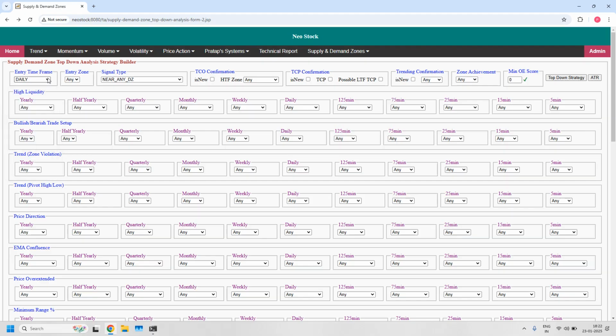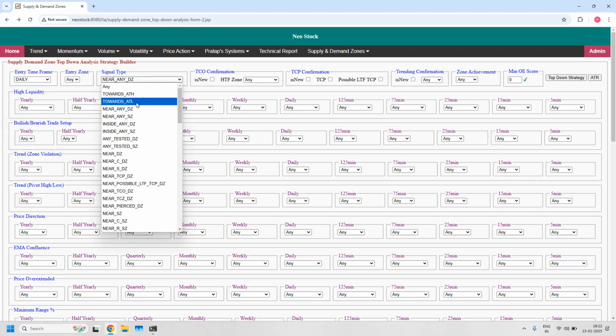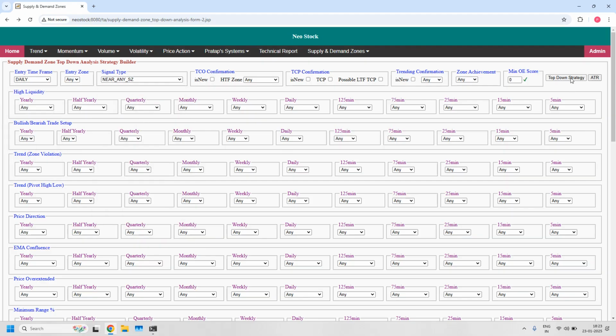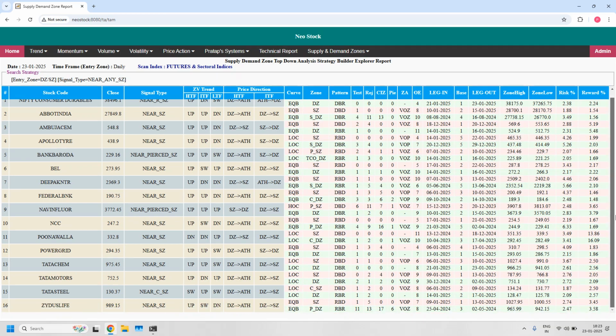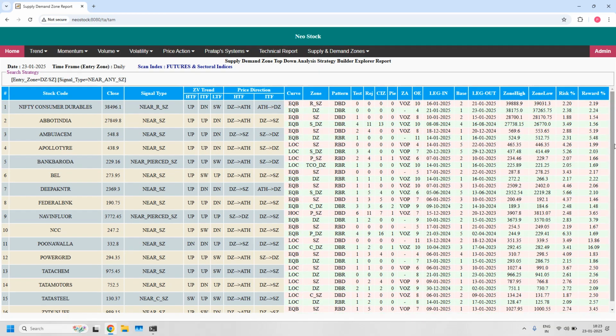Next, daily time frame. Let us find the stocks near daily supply zone. We got 16 stocks. First 15 stocks in the list. Let us identify high liquidity supply zones from this list. First one, NIFTY consumer durables.